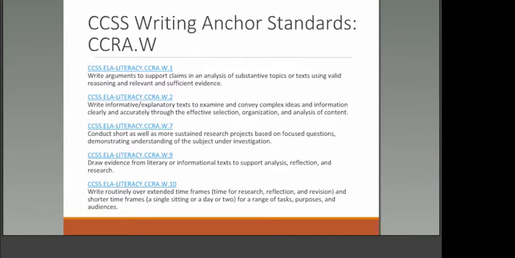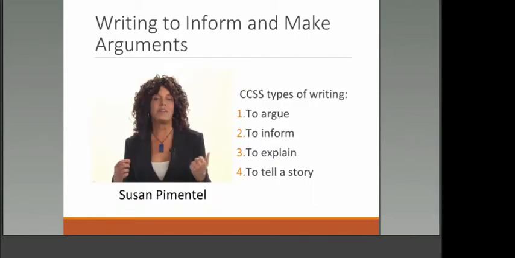There are 4 basic goals that the Common Core and the C3 are achieving in correlation, and that is the ability to write arguments, to write informative and explanatory text, to draw evidence from informational text, to assess the credibility and the accuracy of various sources. We're going to look at the 4 types of writing.